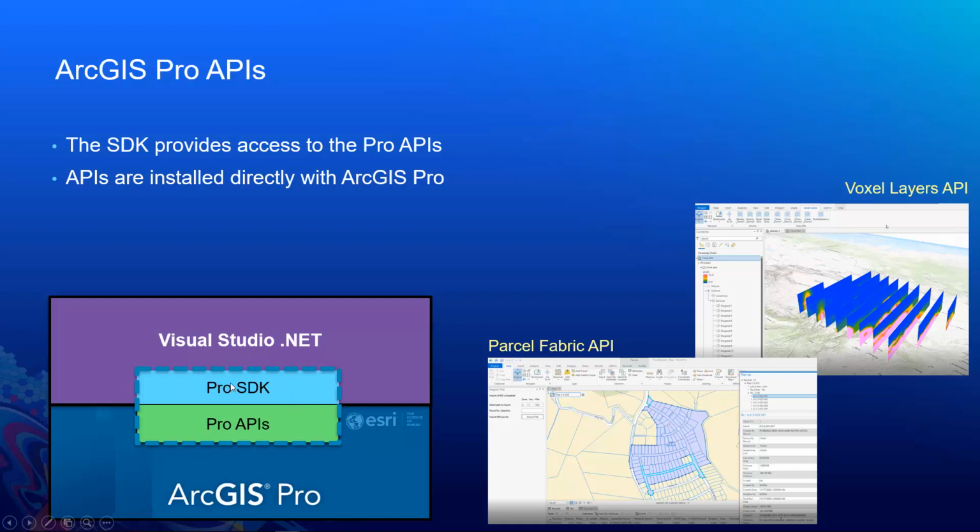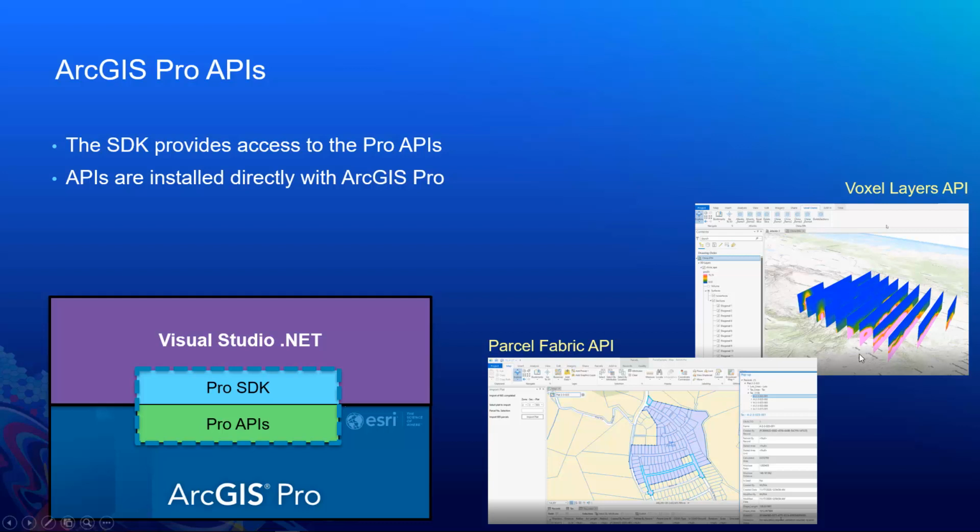Here we're going to be talking more in terms of the actual APIs, which are installed directly with ArcGIS Pro. And you can see on the screenshot here, we have a number of different categories of working with functionality of Pro.